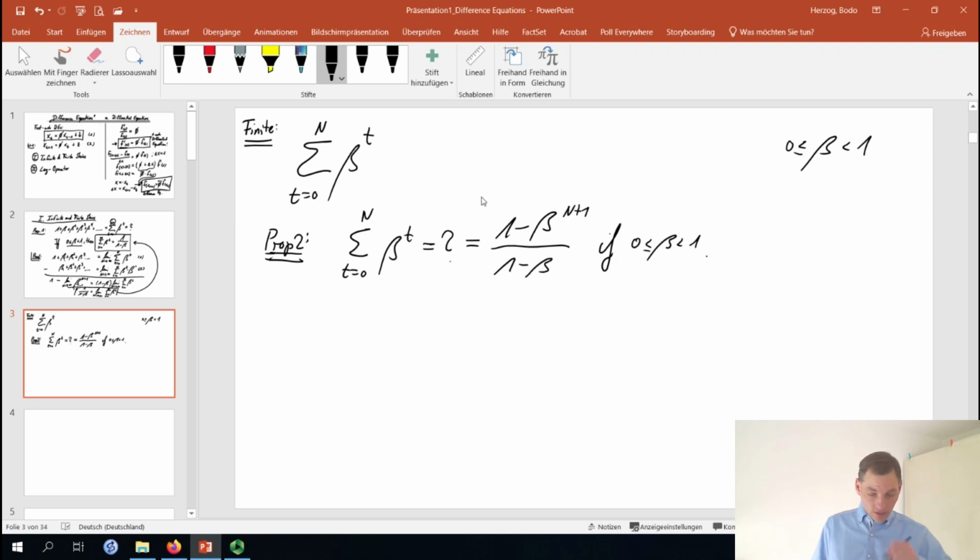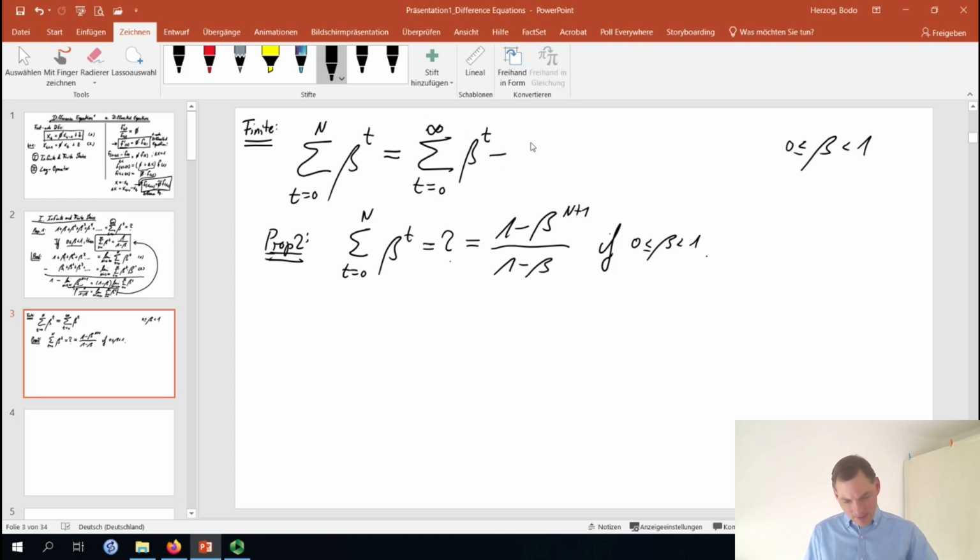Well, first of all, we can rewrite this finite sum in terms of infinite sums. So for instance, we have here the sum from t equals 0 to infinity of beta to the t. If we make this sum, of course, we add up too many terms, because here we add up just to n terms.